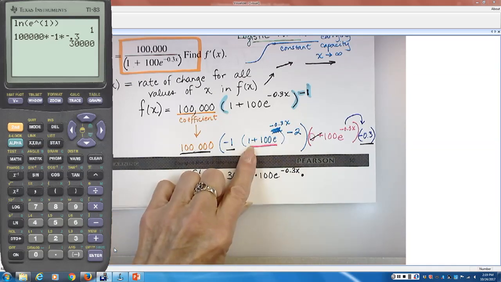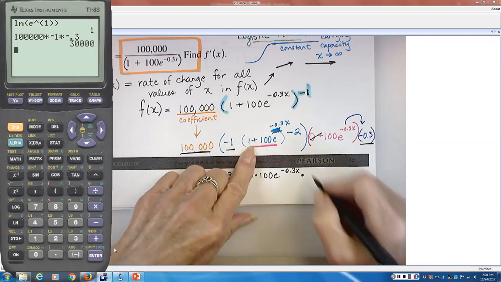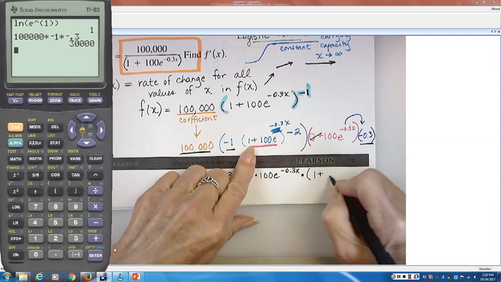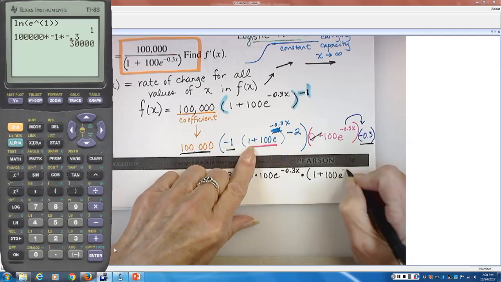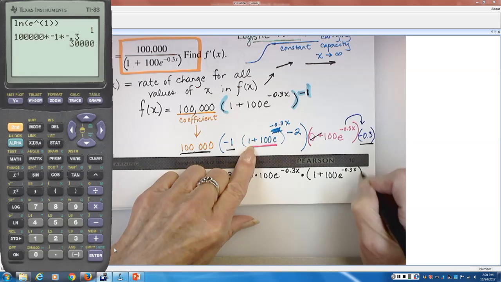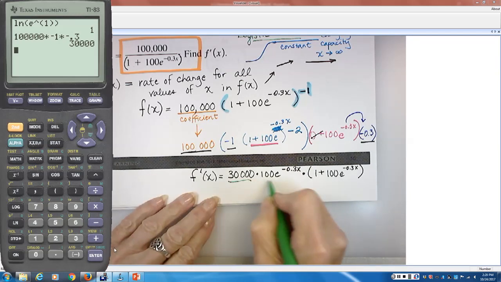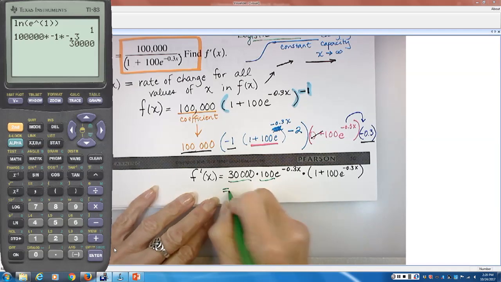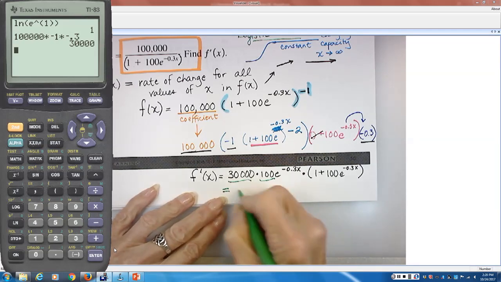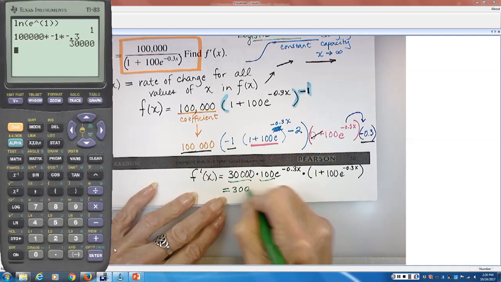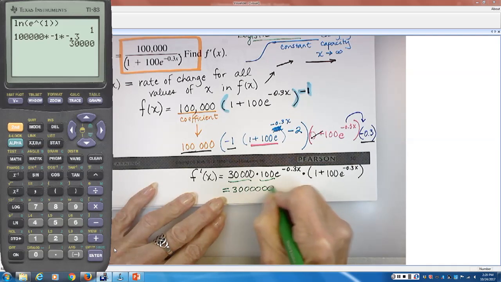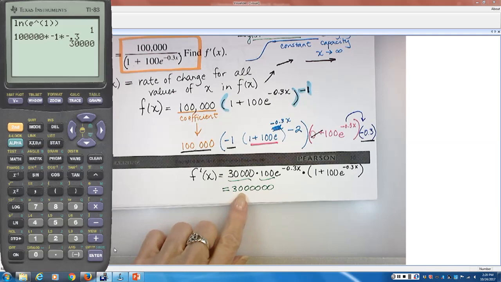And now I have this part. 1 plus 100 e to the negative 0.3x. And once again, since these are just two things that are hanging out and multiplying, this is a coefficient, this is a coefficient. 30,000 times 100 is 3 million.